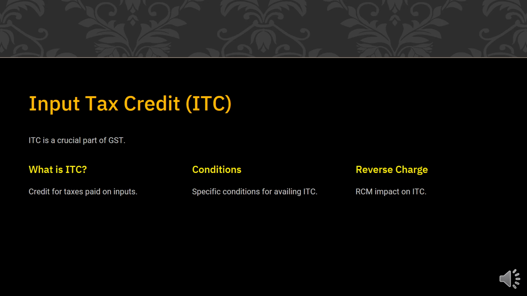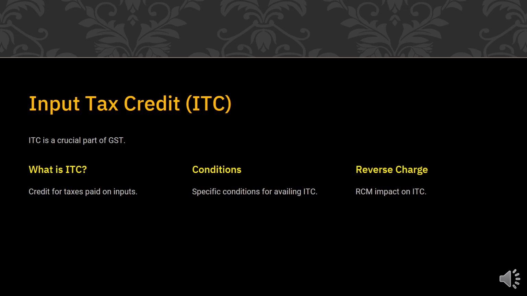And such tax invoice or debit note is filed by the supplier in Form GSTR1 and it appears in the buyer's Form GSTR2B. From 1st Jan 2022, the benefit of provisional ITC claims is no longer available as per section 16(2)(aa).